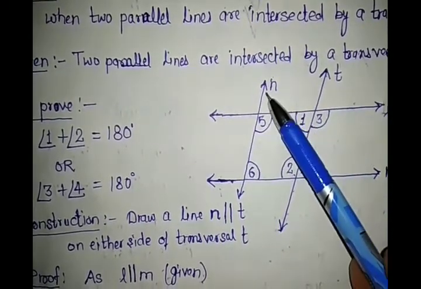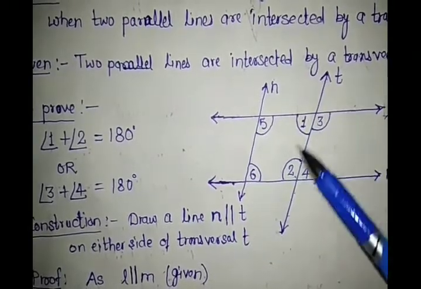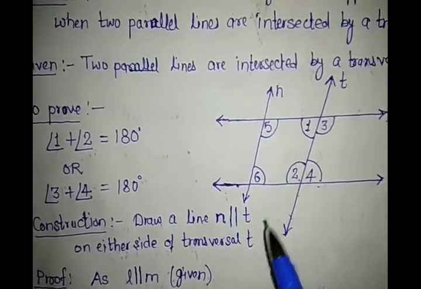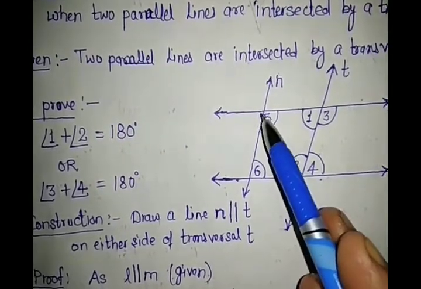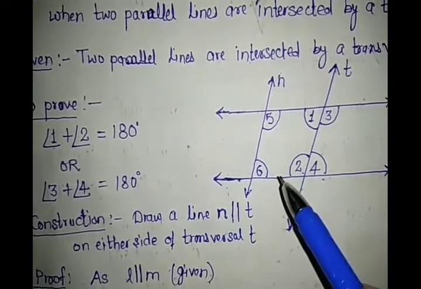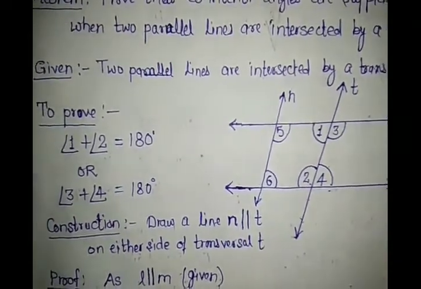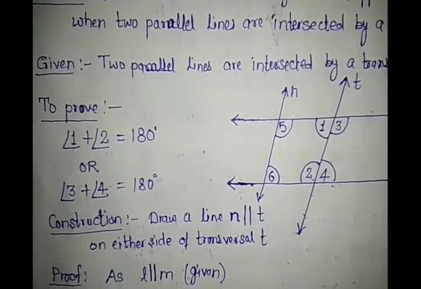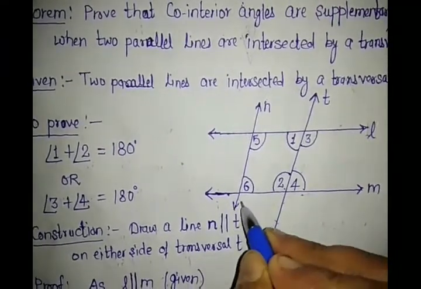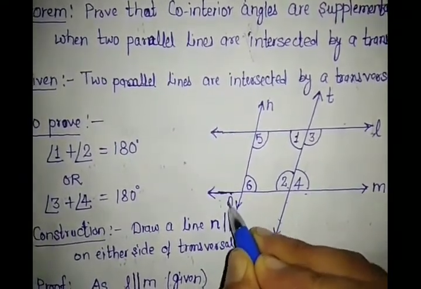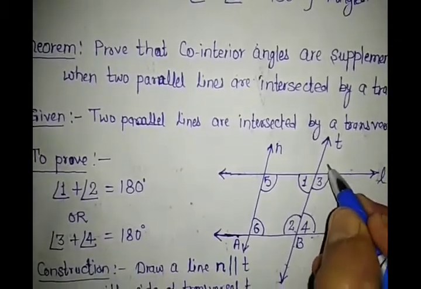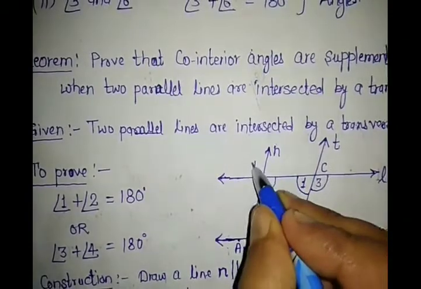We have drawn another line N which is parallel to T. So the figure constructed by these two pairs of parallel lines intersecting each other, we name it as A. This point is B, C and D.